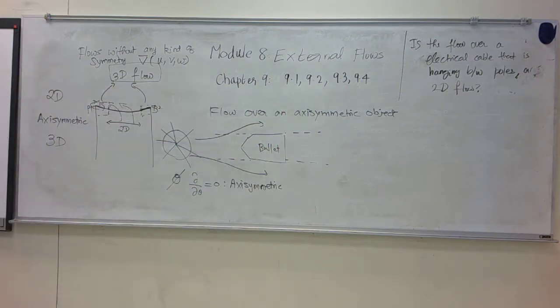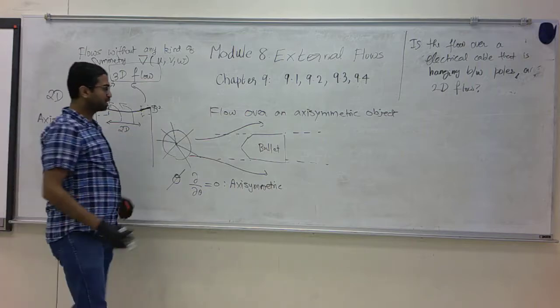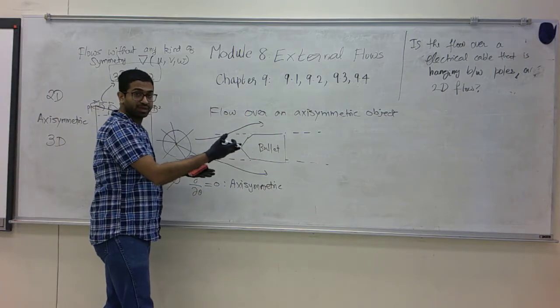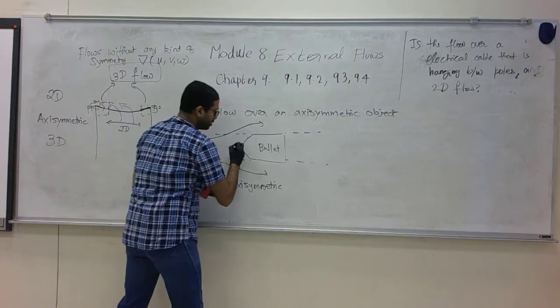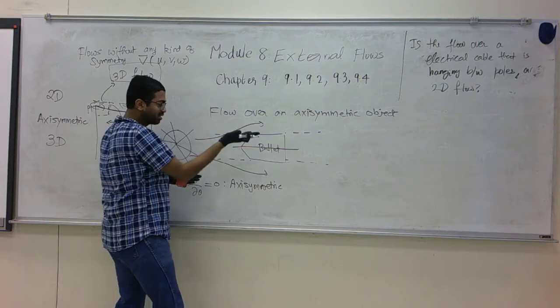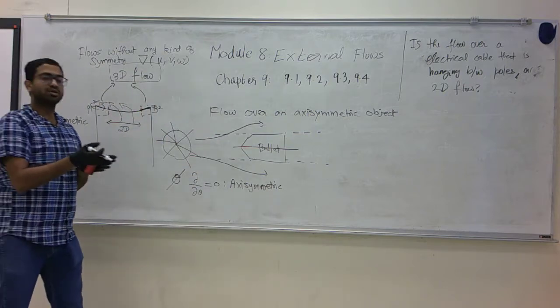Okay, so flow over an axisymmetric object, it goes around the object, but in every cross section, in every angle that I slice this pie, the flow looks the same.